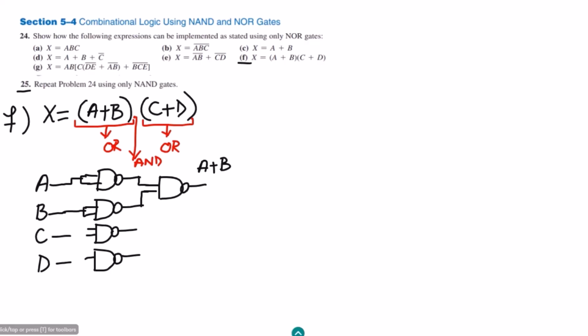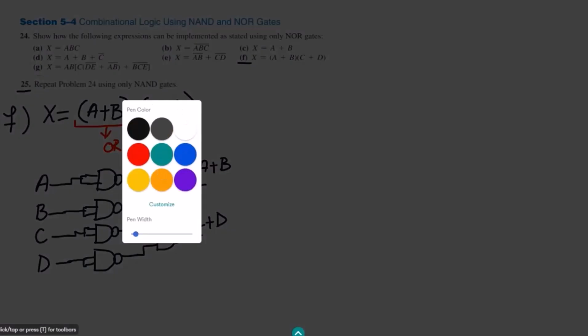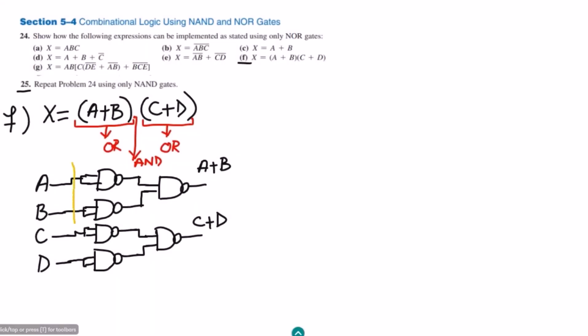This output is connected to this one, and here C is applied, D is here, and here we will have C plus D. We can very easily see that this is the first OR gate, this is the second OR gate, and these are the 2 OR gates represented with the help of NAND gates.